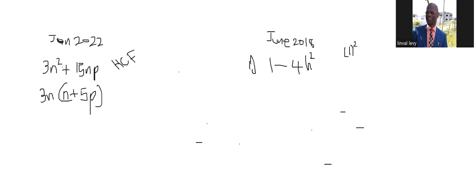And I can write 4h squared, I can rewrite that as 2h all squared.